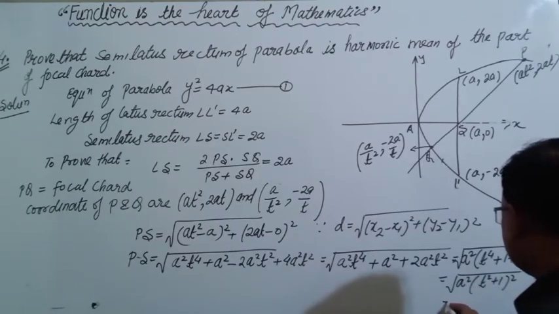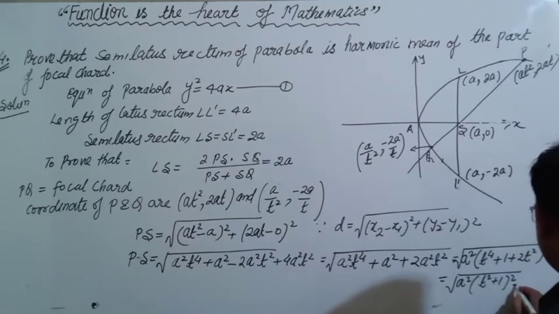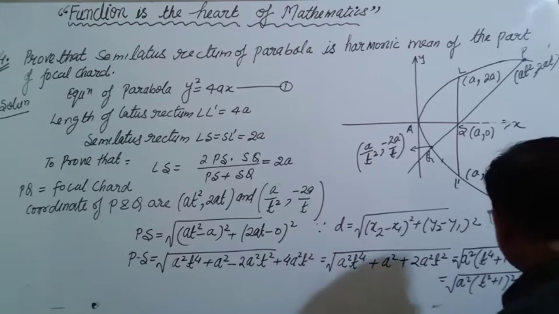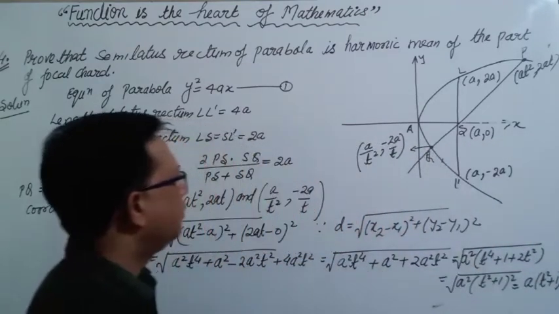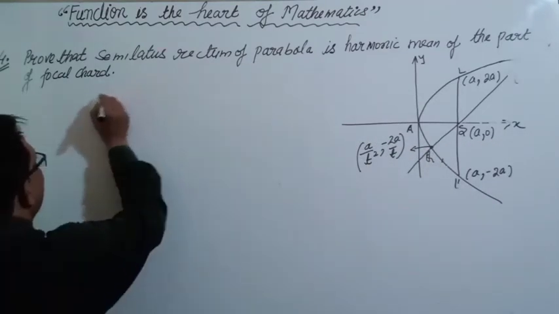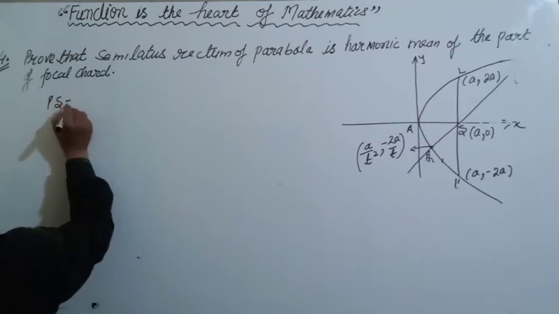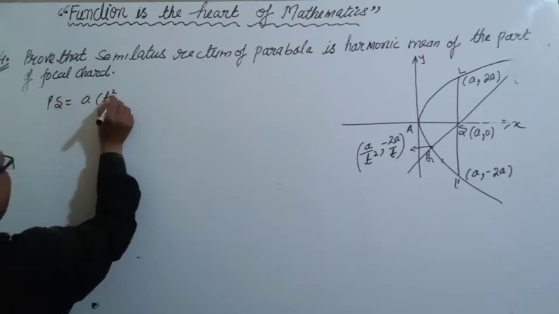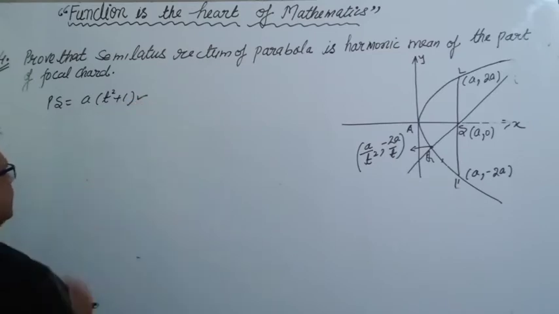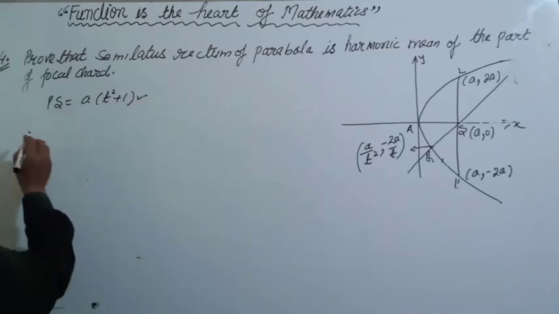So the final answer is a(t² plus 1). This is your PS. PS is a(t² plus 1). Now we find SQ.